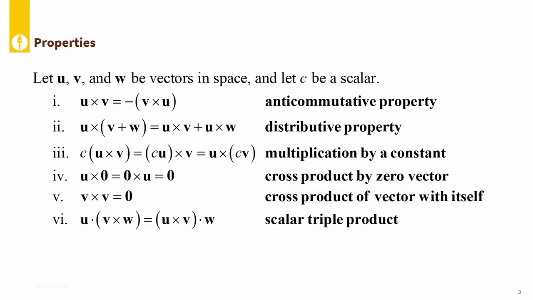You can't, however, do U dot V cross W the other way. Dot product's a scalar. You can't do scalar cross a vector.